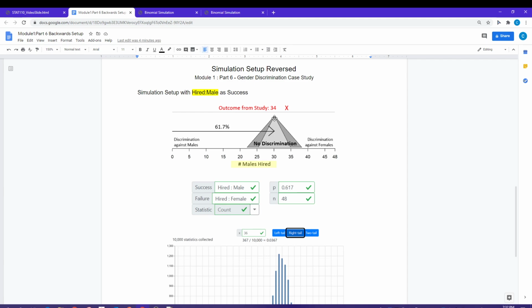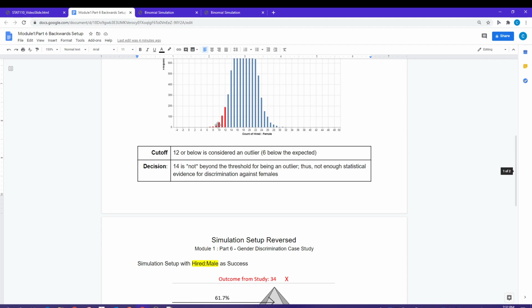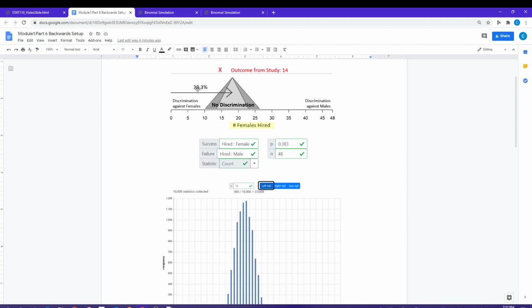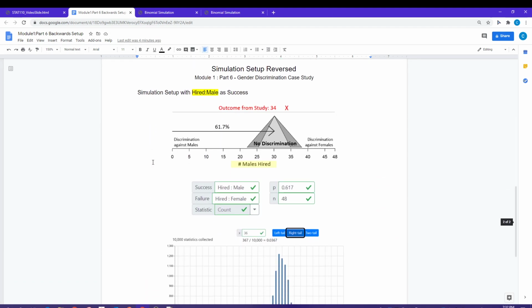That means that 34 of those were males. When I was looking at the female analysis, 38.3% of the job applicants were female. When I'm looking at an analysis based on males, I'm going to use the 61.7%, so the other portion of that pot, 1 minus that 38.3%.